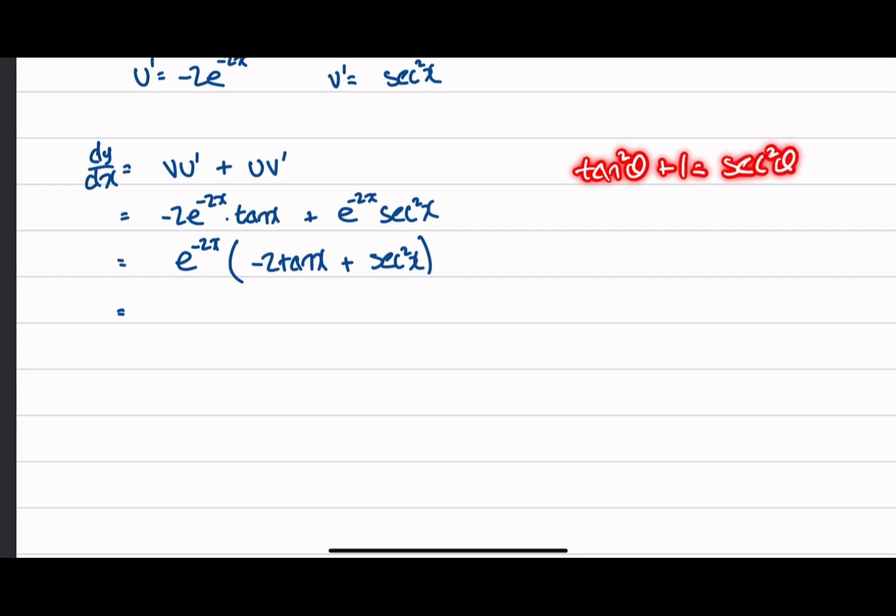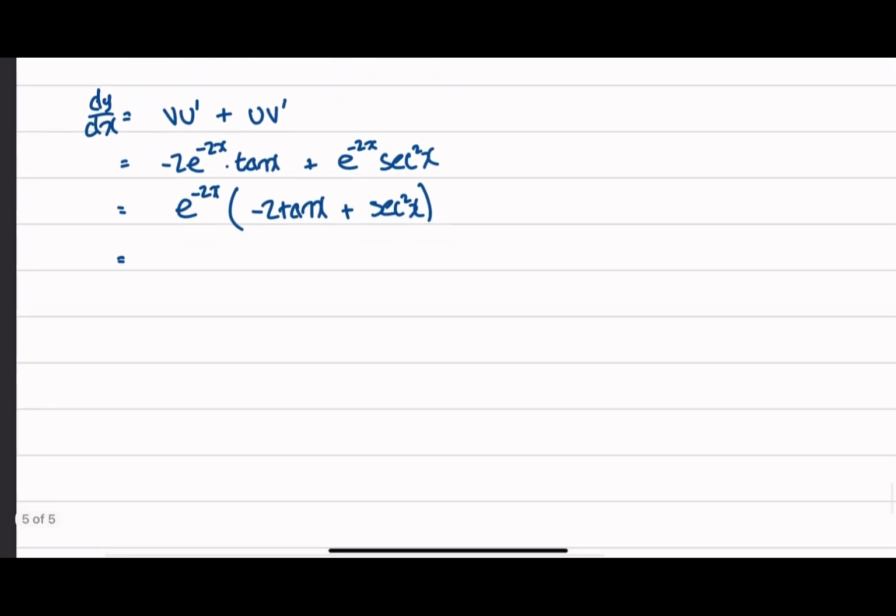So that is what we'll use over here, since the answer demands that we use tan only. E to the power minus 2x bracket minus 2 tan x plus tan square x plus 1.